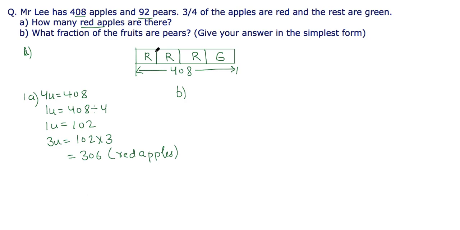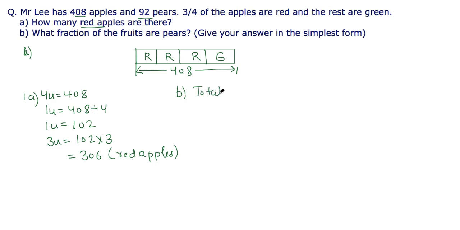Part B is what fraction of the fruits are pears? In order to know what fraction of fruits are pears, we have to know the total number of pears and the total number of fruits itself. So how do we find the total number of fruits?